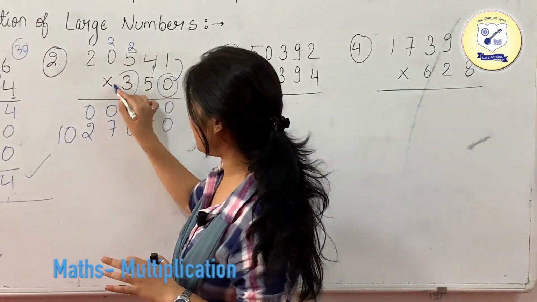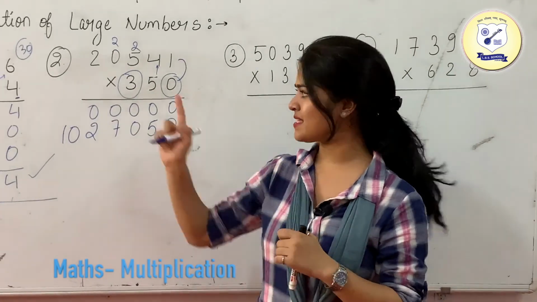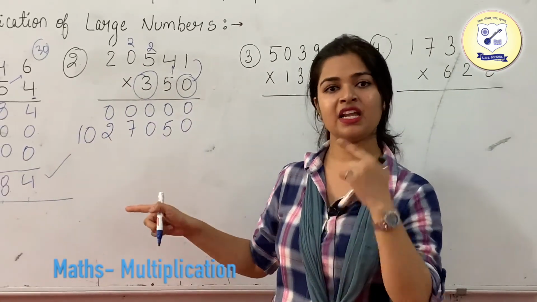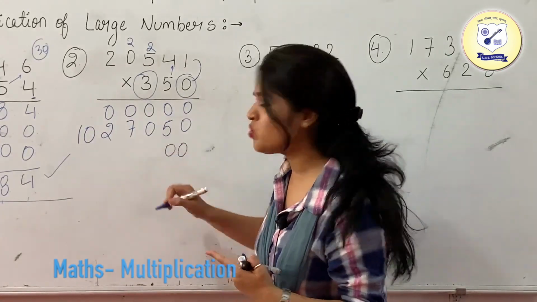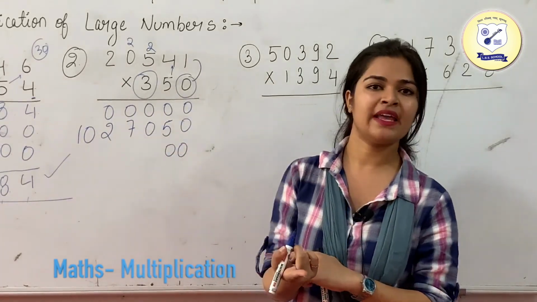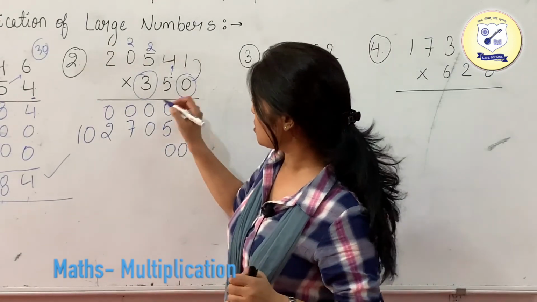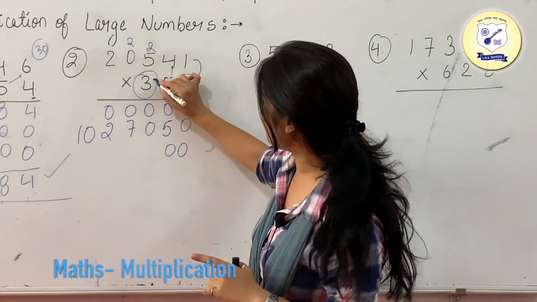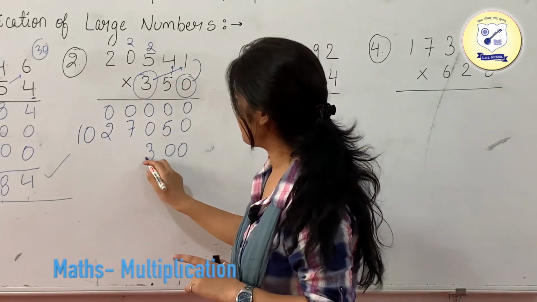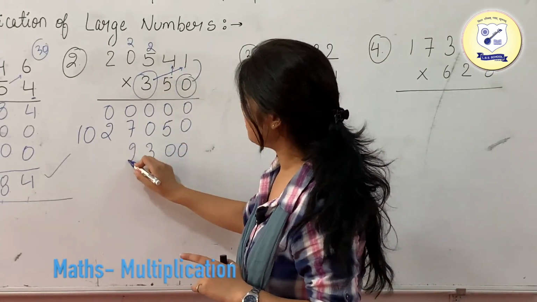Now we are having a 3 digit. For that, what we are going to do is, as I have told you in that question, that if you are multiplying the third digit, for that we will put the 2 zeros first. After that, we will start multiplying the third number. So now I am having 3 digit, third digit, which is your 3. So start multiplying. 3 ones are 3, 3 4s are 12.